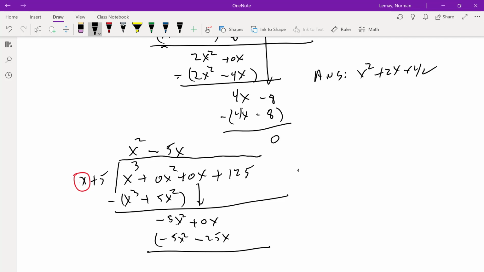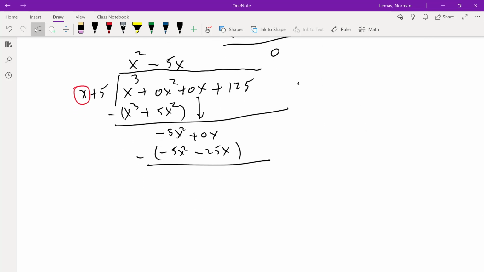And again, subtract. So negative 5x squared minus a negative 5x squared, so those drop out. So 0 minus a negative 25x becomes 25x plus 125. So now we'll go plus 25. So what do we multiply x by to get 25x? So that's our 25 right there.